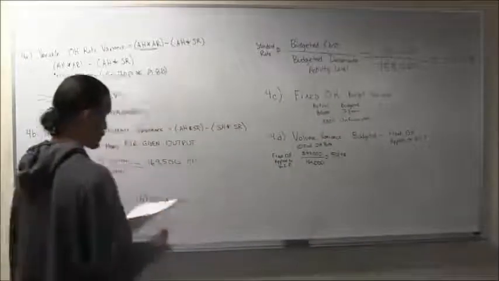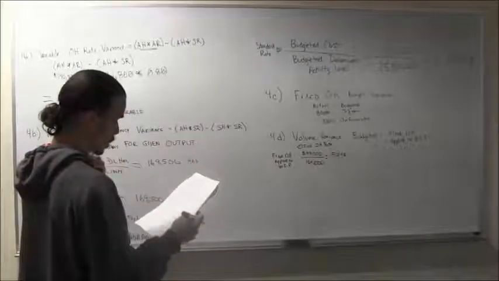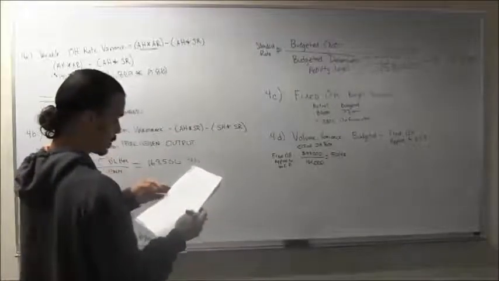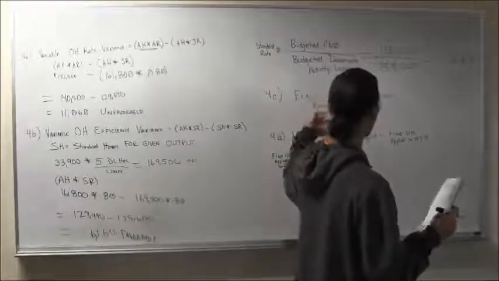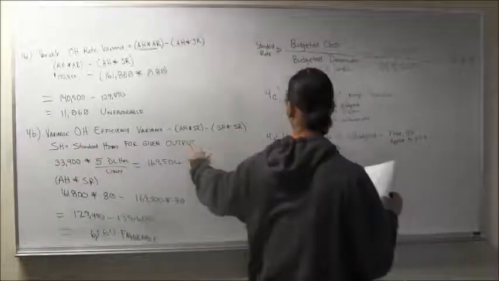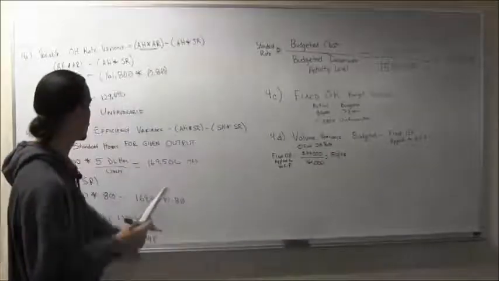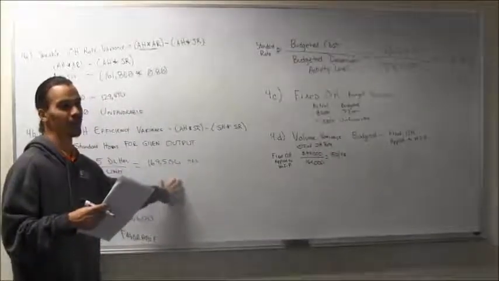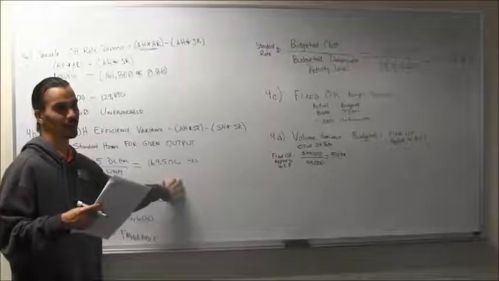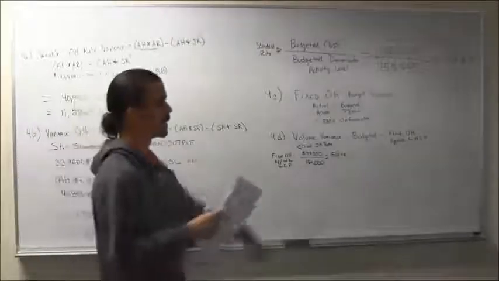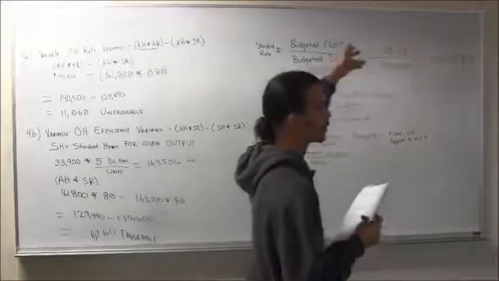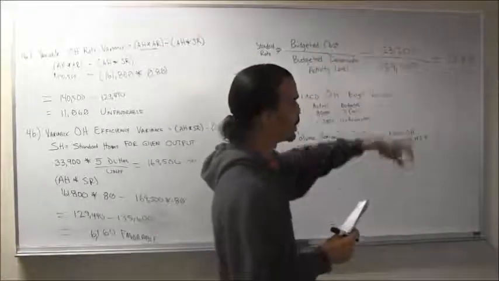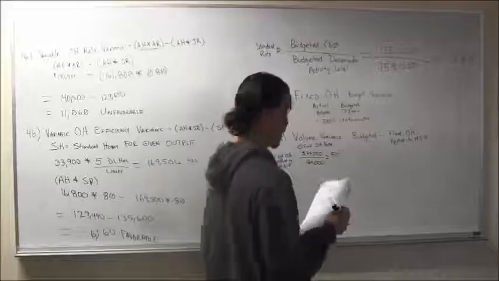Then number 2, you want to find the number of hours that we would be allowed. What is our standard hours allowed for the given level of output? 169,500. We already calculated it. We actually made 33,900. Each one gets 5 direct labor hours, so 33,900 times 5.